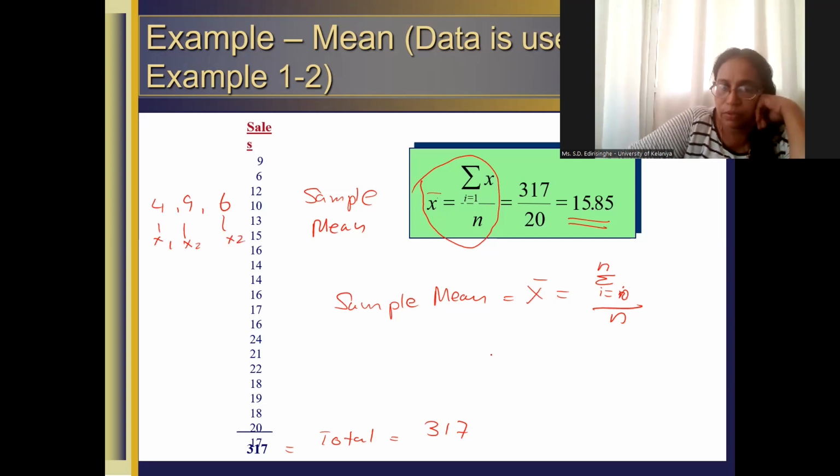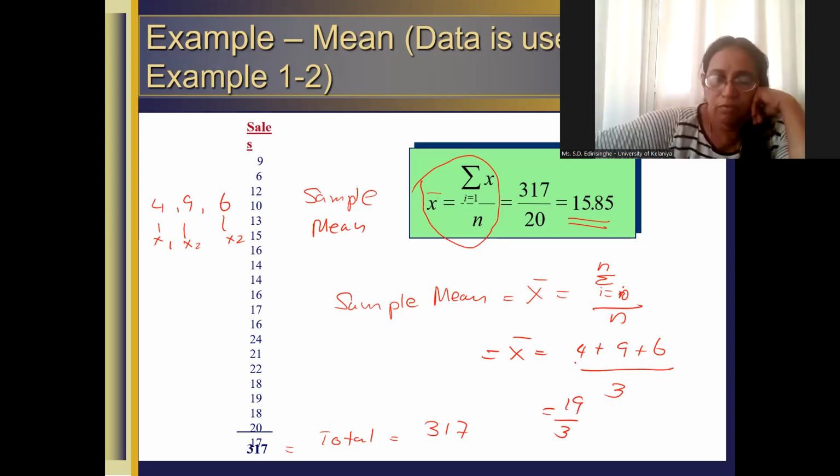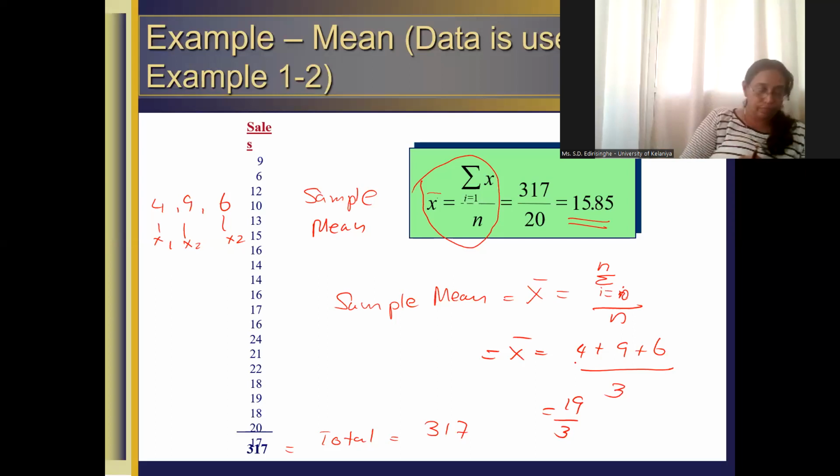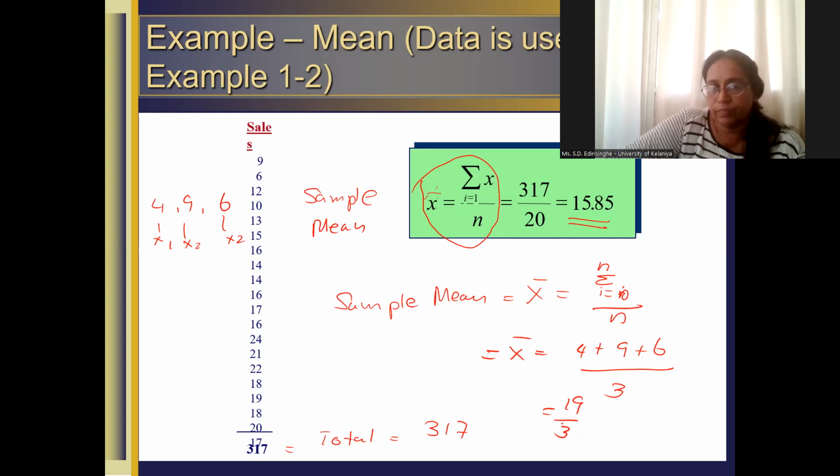So if we want to find x bar here, we have to get the sigma now. So 4 plus 9 plus 6, divided by the sample size here, which is 3. So 4, 9, 13, 19. So 19 divided by 3. What is 19 divided by 3? The answer is 6.33. That is the sample mean.